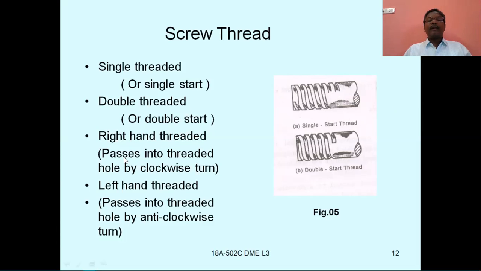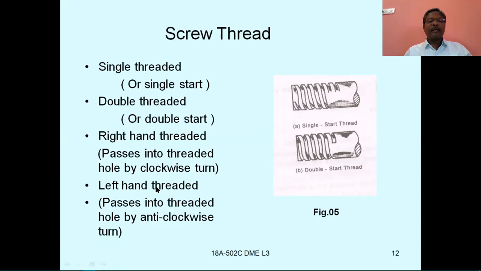And the next is the right-handed thread. In the case of a right-handed thread, the bolt is advanced into the nut when we turn in the clockwise direction. The bolt enters and passes into the nut. So the right-hand thread passes into the threaded hole by clockwise turning.